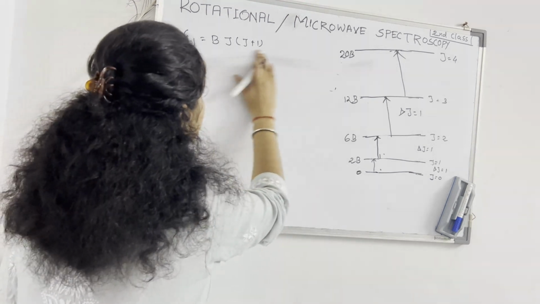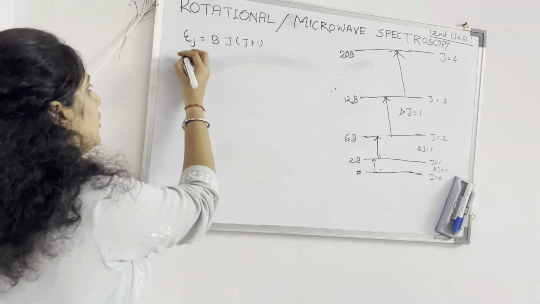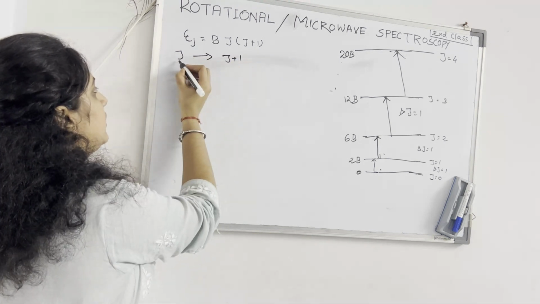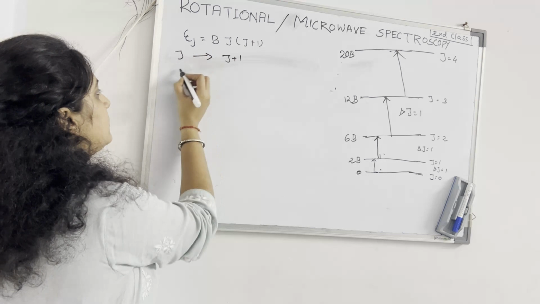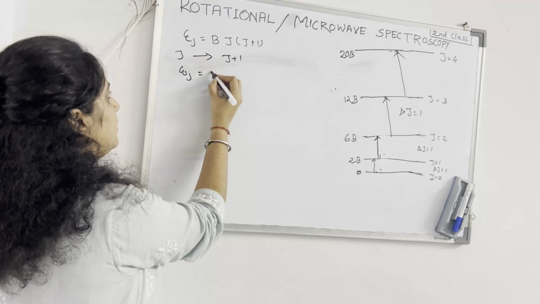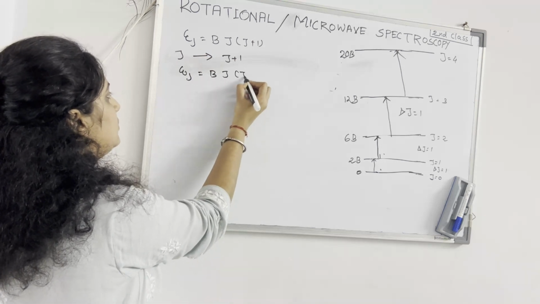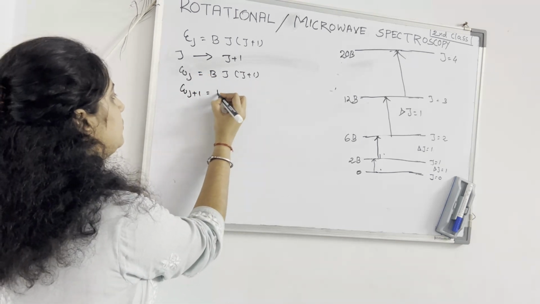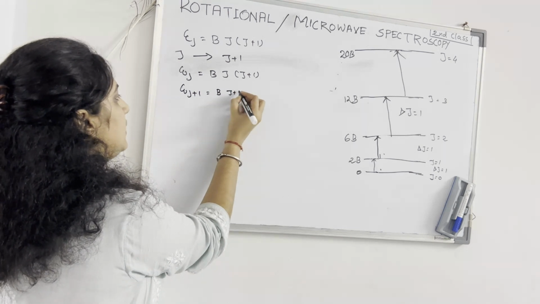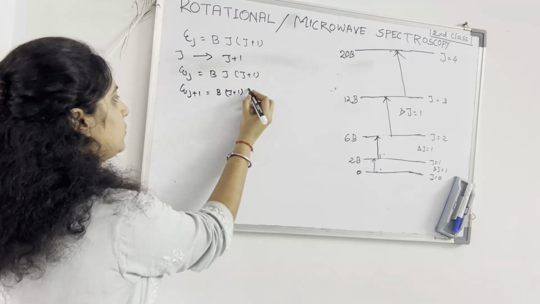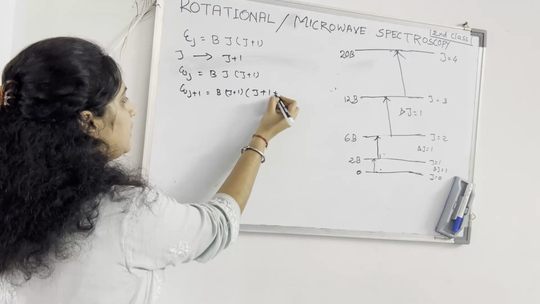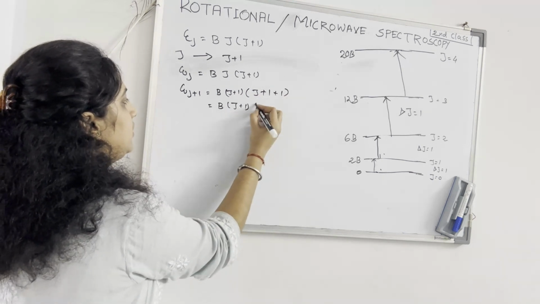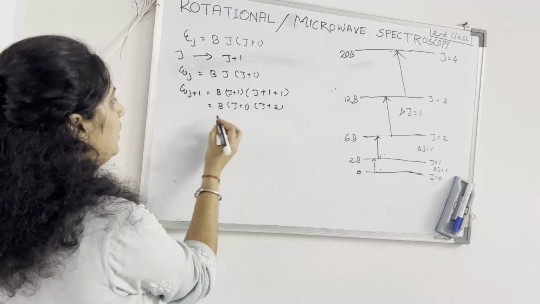If we consider the transition from J to J plus 1, then for the J level, the expression will be E J is equal to B into J into J plus 1. Now for J plus 1, the expression will be B into J plus 1 into J plus 1 plus 1, that is B into J plus 1 into J plus 2.